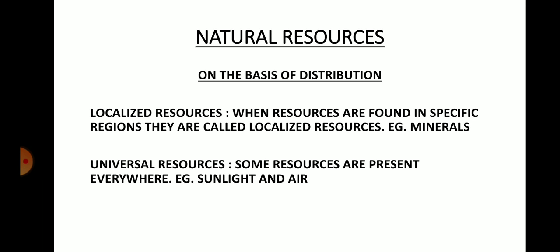Air is available everywhere. So you cannot call air and sunlight localized resources. But look at minerals. Can you see minerals everywhere? No, they are available only in some particular places. So these we call localized resources.